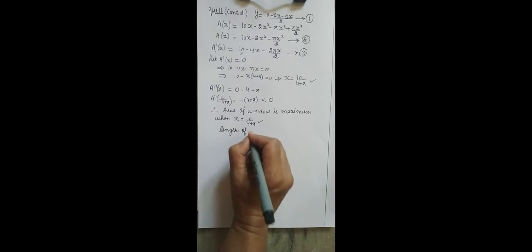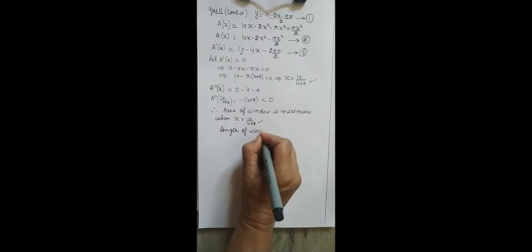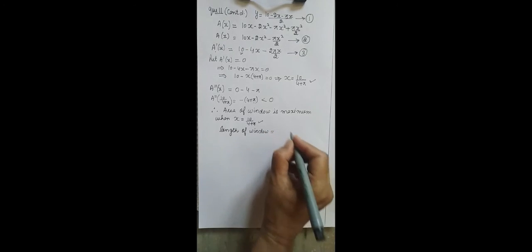So radius I have found. Dimension means I have to find length, width, and radius. So length of window was 2x. So this becomes 20 upon 4 plus pi, and it is in meters because my perimeter was 10 meter.